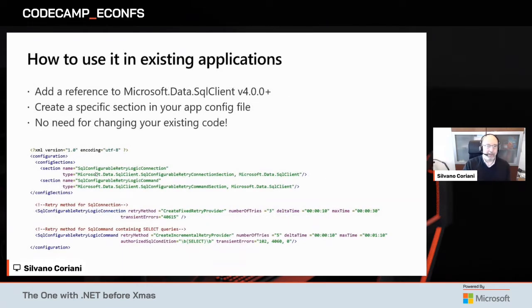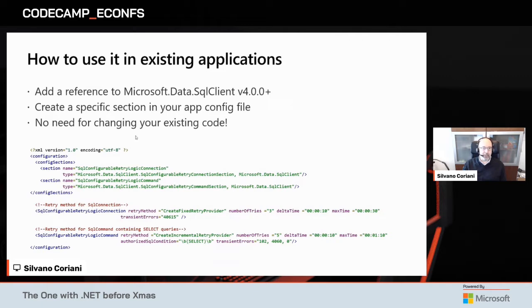But let's move to a more practical section here, and how can we use this, right? So there are, I think, two major use cases here. One is I don't want to change my application code. I just want to enable retry capabilities for my connections and for my commands in the application, right?